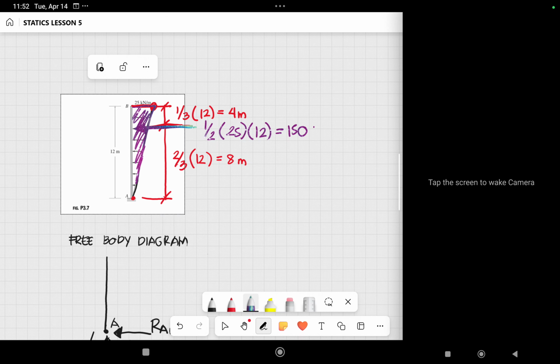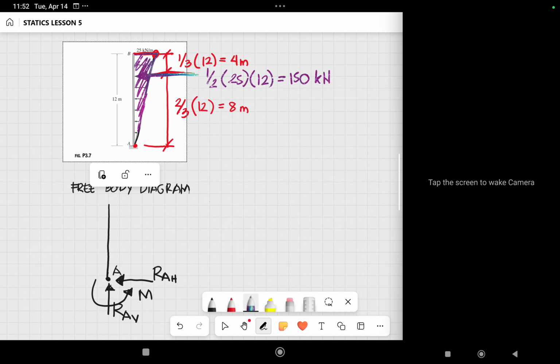So 150 kilonewton. Distances. This is 4 meters. This is 8 meters.